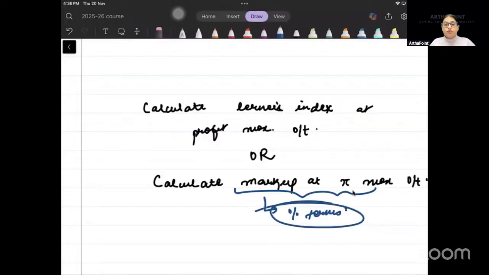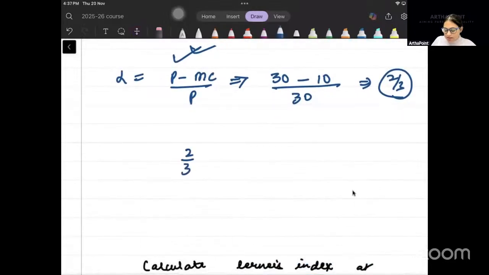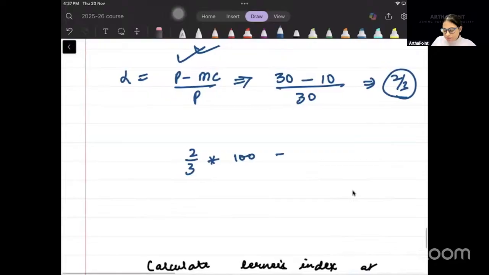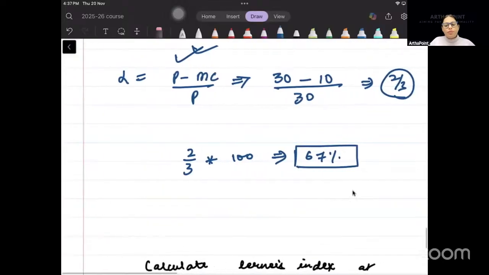So if I have to find markup, what will I say, 2/3 into 100, that means approximately 67%. So the monopolist earns a markup of 67%. Monopolist 67% का markup earn कर रहे हैं. Okay? Is it clear? हाँ, exactly.